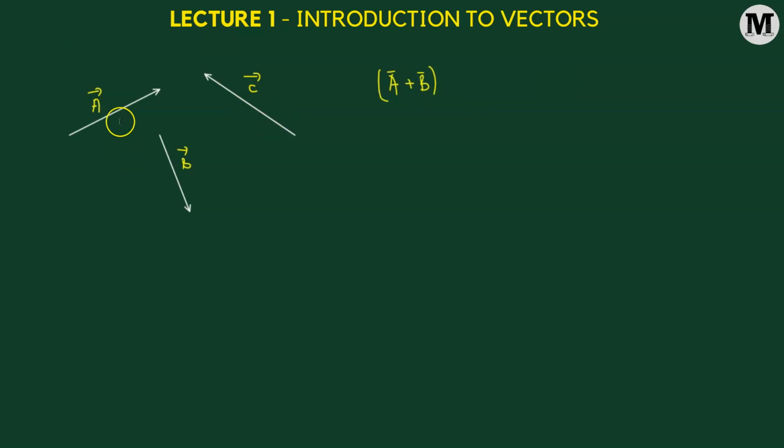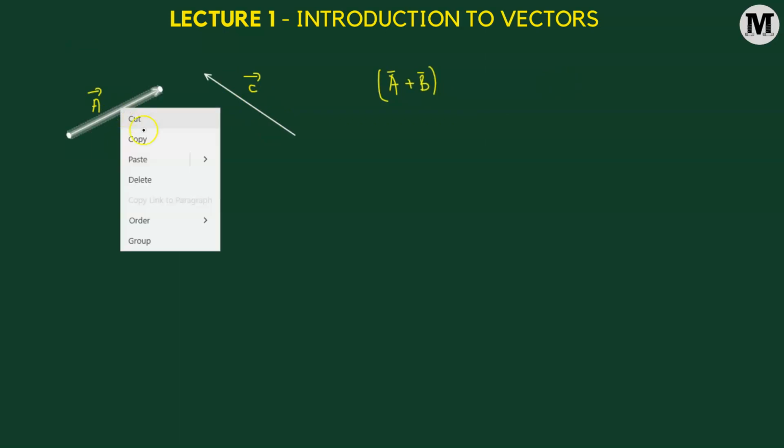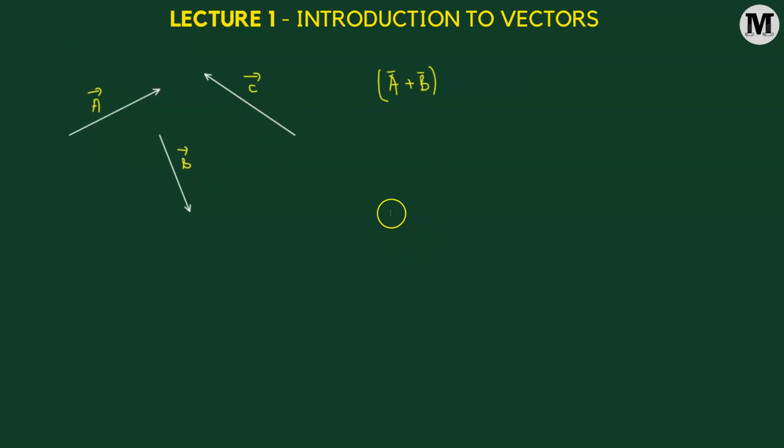Now all we have to do is take vector A and displace it to a new location. So that's it. This is the new location of vector A. As you can see, I have not altered the length of vector A, that means the magnitude as well as the direction.